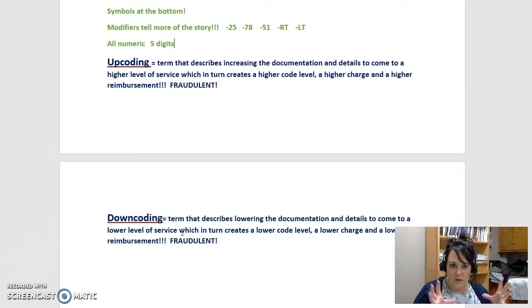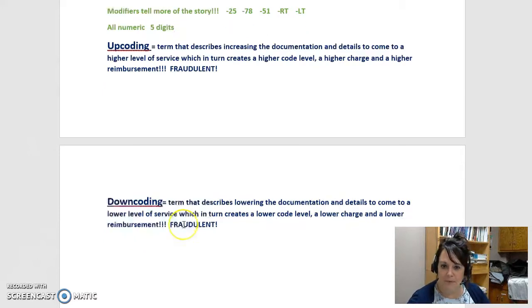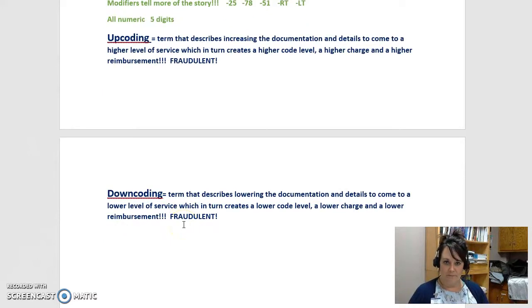When you were doing homework and when we went through class yesterday, you saw that for an office visit, established patient, we had how many codes to choose from. And they went in a hierarchy from the most minimal up to the most complex. Increasing that documentation and those details, bringing you to a higher level of service, is very wrong, very fraudulent.